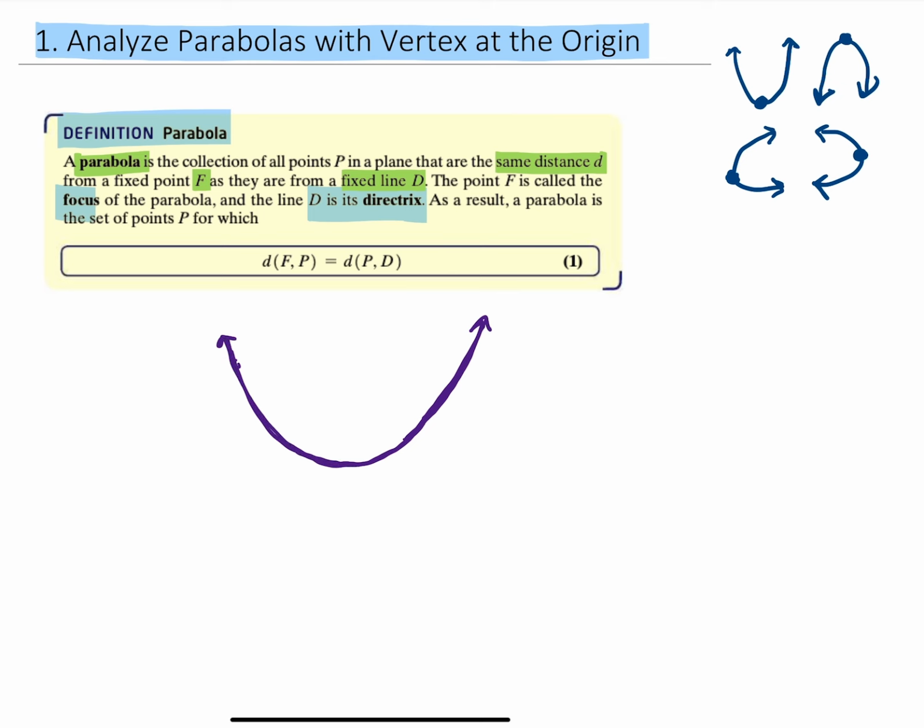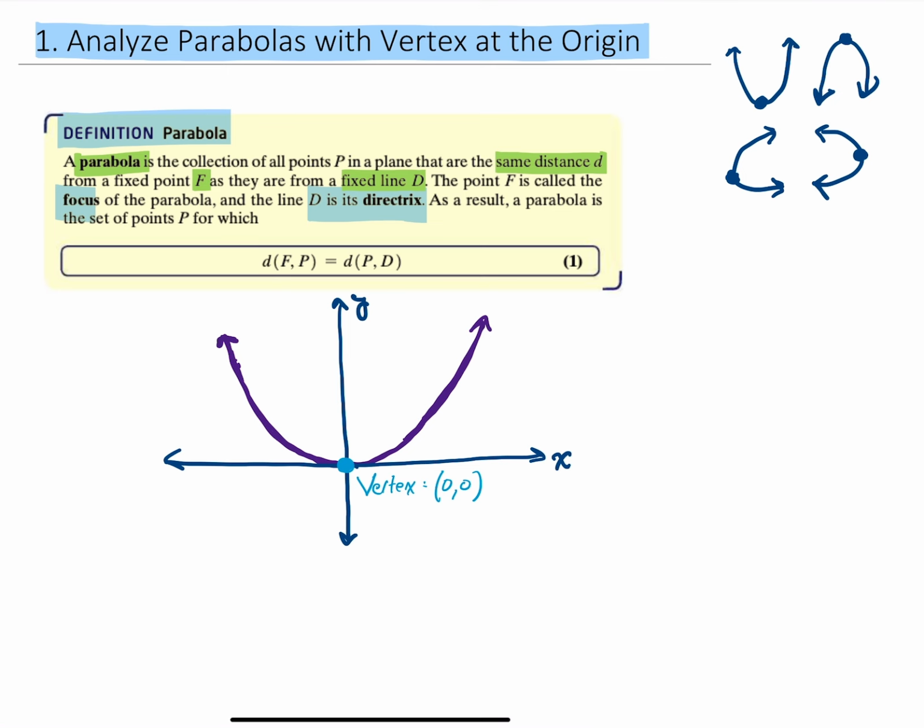And at least right now, we're saying that the vertex is at the origin. So the vertex is at the intersection of the x and y axes. So we'll call this our vertex point.